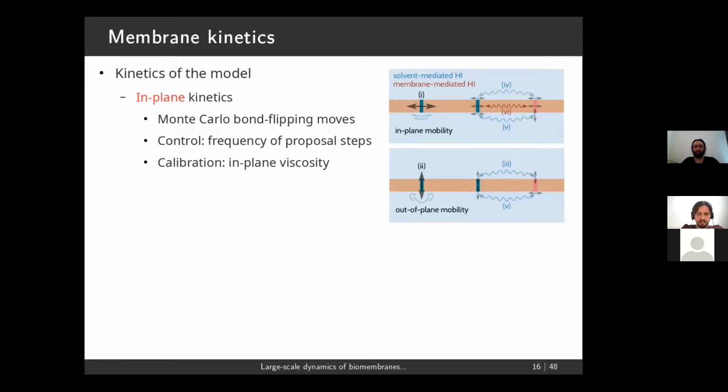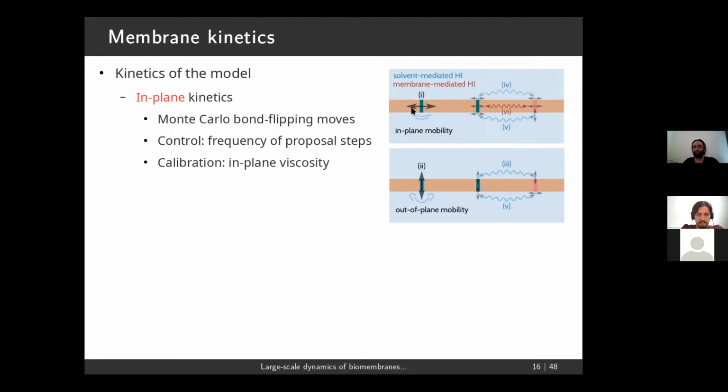So I mentioned a bit about the in-plane kinetics. We have these Monte Carlo bond flipping moves, and we can control the frequency to change a certain viscosity, for example. This gives us a level of control over the in-plane kinetics. But as this schematic hopefully shows, there are lots of effects going on when you have two particles or two inclusions in the membrane.